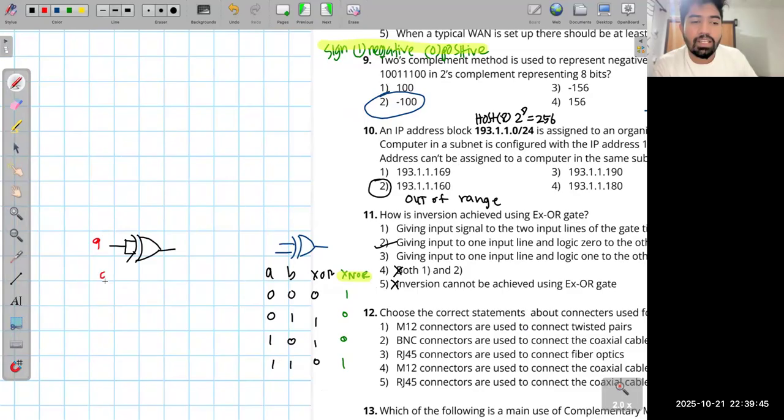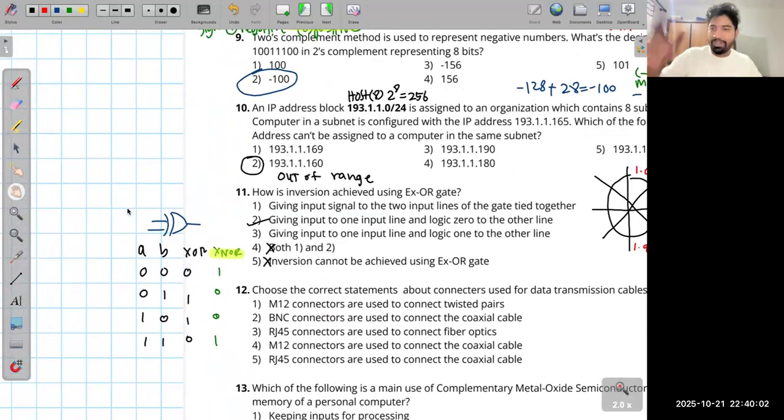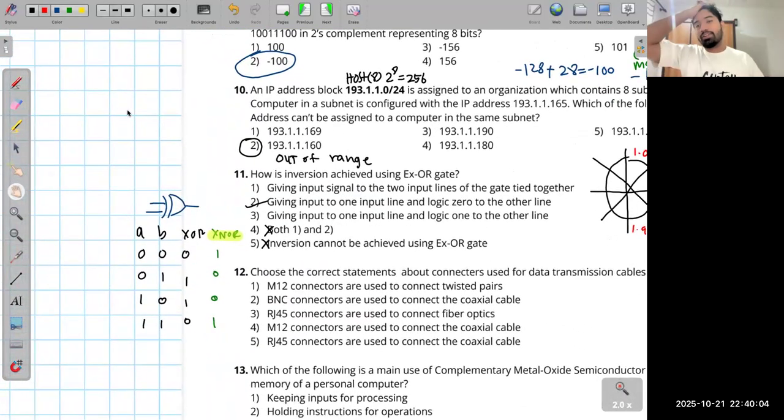So if I say A XOR A, this one is the answer. Nice. Okay, let me explain. Let me brief it down in this way. I'll explain the 10th one also.